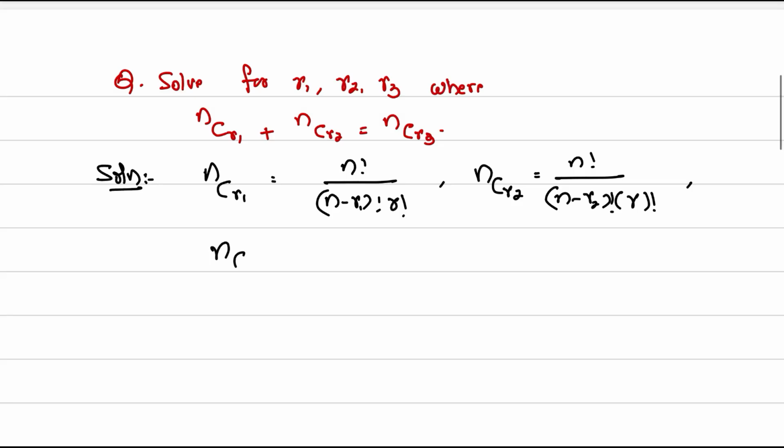And what is nC_r3? Factorial n by factorial n minus r3 into factorial r3. These are the values from the elementary combinations and permutations. You can easily understand how I have written this.